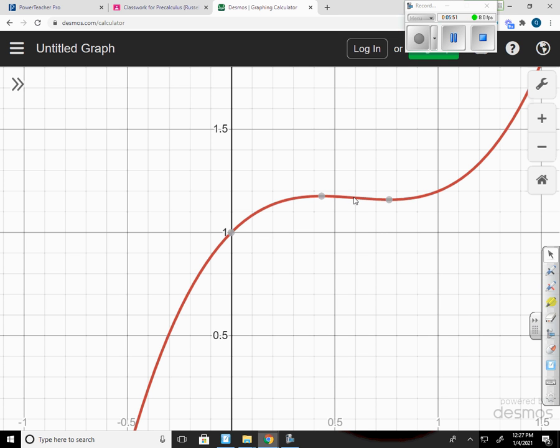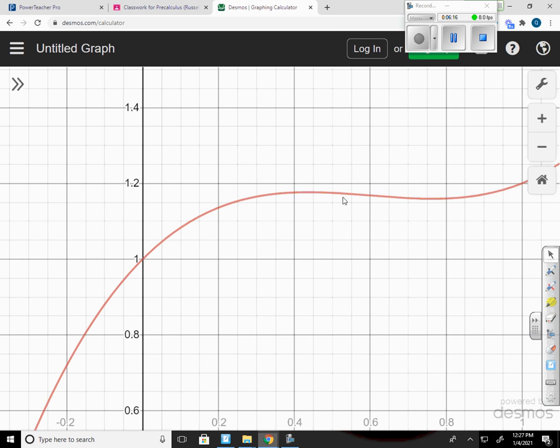That's why Desmos is nice, because it tells us which point is the highest in the group. It's this point right here, 0.4367, 1.1767. That's my highest point in the group. So that's my local max. Over here is my local min.